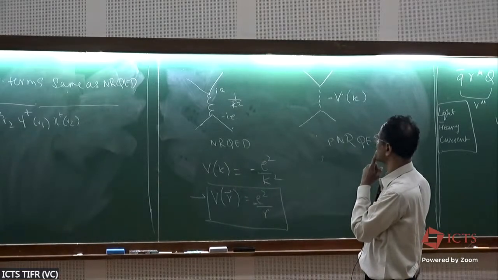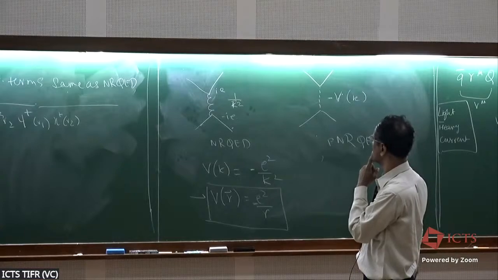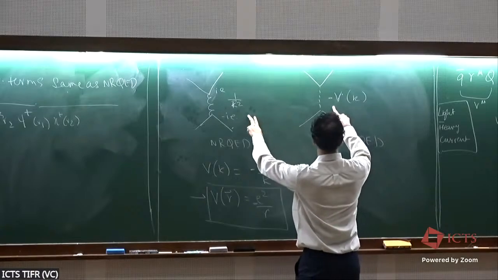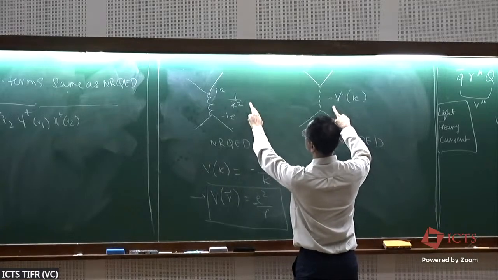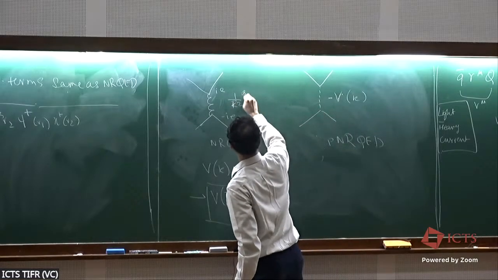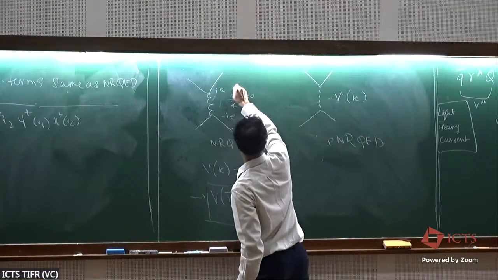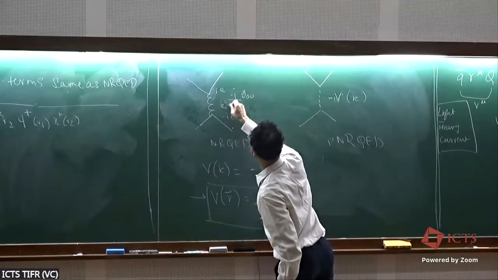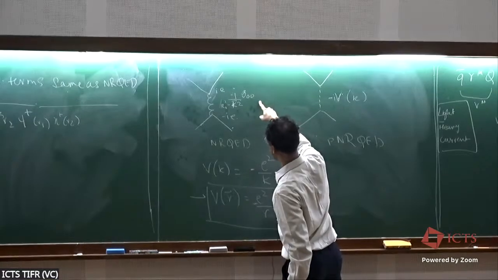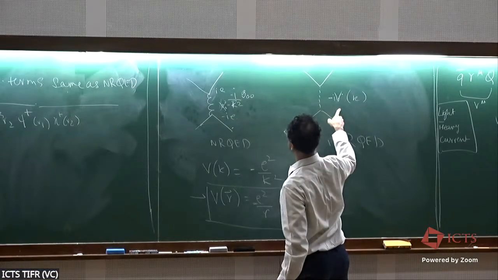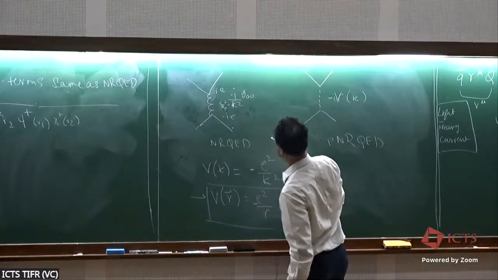Minus I. Yeah, you're right. So G00, minus I, let me call the full vertex, minus IV, is this. So put K0 to 0. Then yeah, you're right.